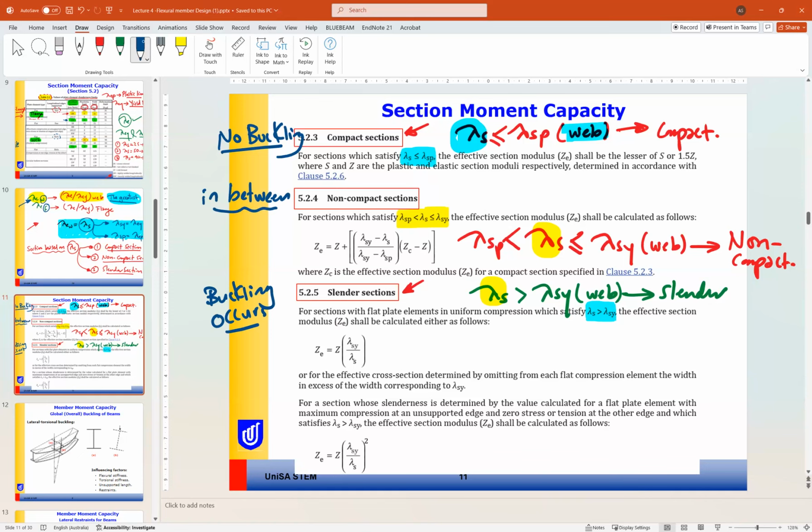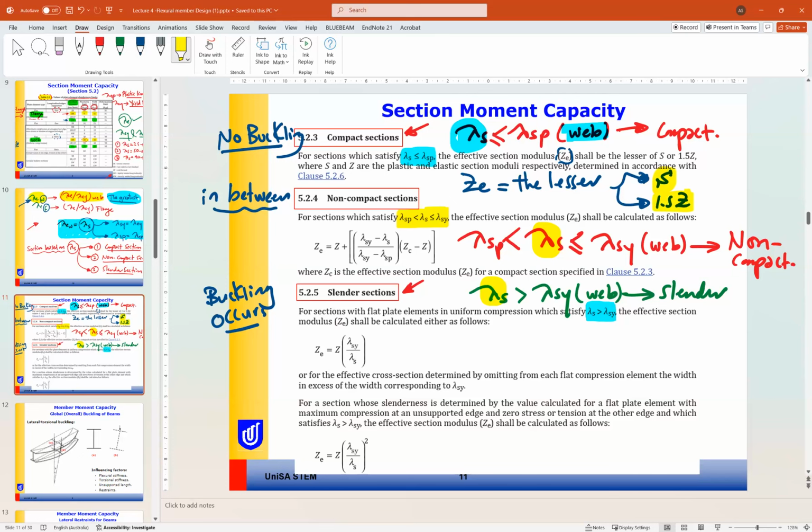If the section is compact, the section modulus Z effective will be the lesser of two values: S, the plastic section modulus, or 1.5 Z, the section modulus from the table. One of them is S, the other one is 1.5 Z.